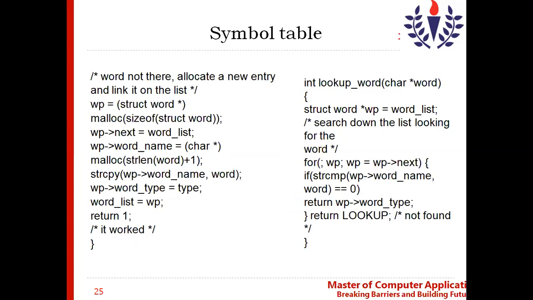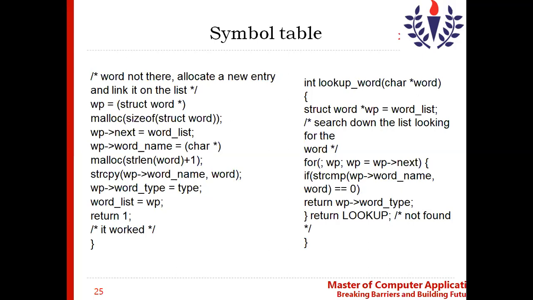So the node structure has to be given. It's similar to the linked list concept, so I need not explain much about how exactly the adding process happens. It is just a simple linked list where the node is added and the word has to be searched from the linked list. So only the two parts we are having, searching and adding. This is the add part.